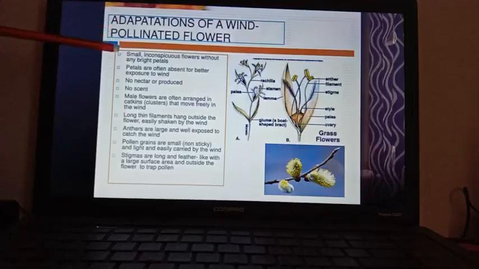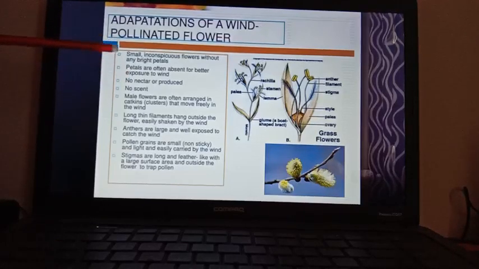So first point, small inconspicuous flowers, meaning not visible very much, without any bright petals. Already I have told you that bright colors, nectar and smells are all required to attract insects and birds, all the living creatures. But wind is not living, it is an abiotic factor.